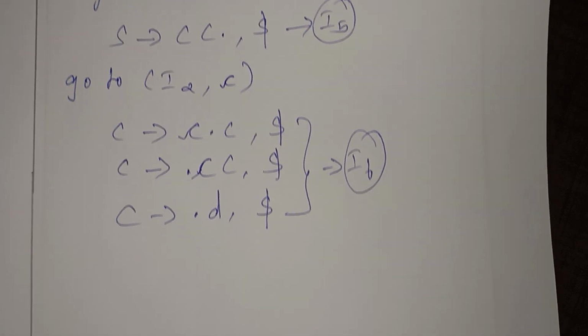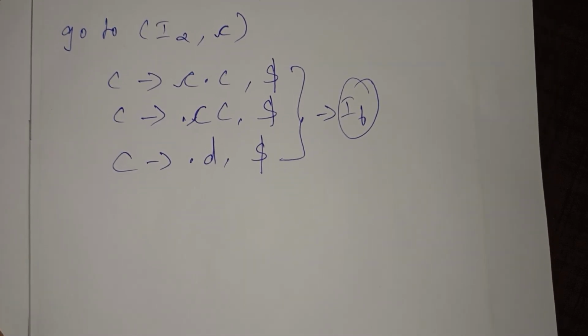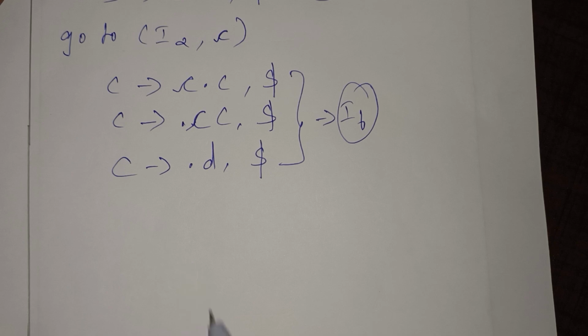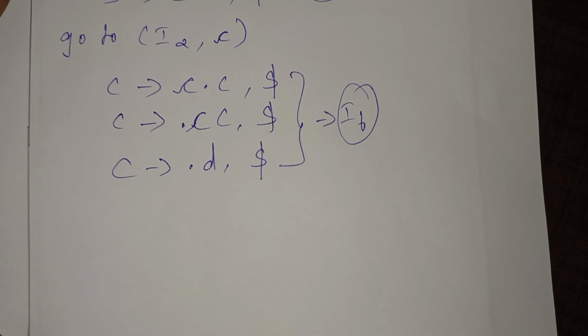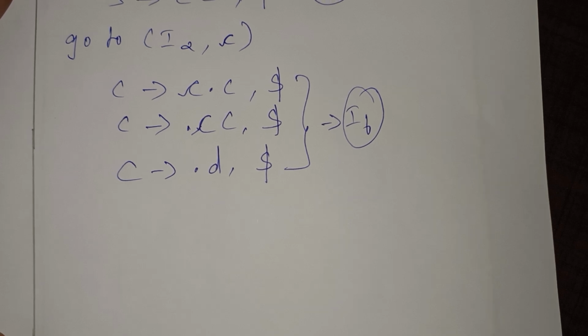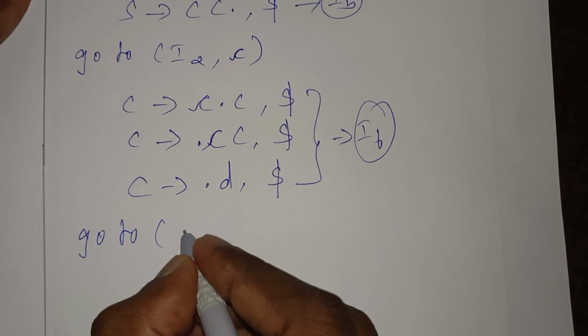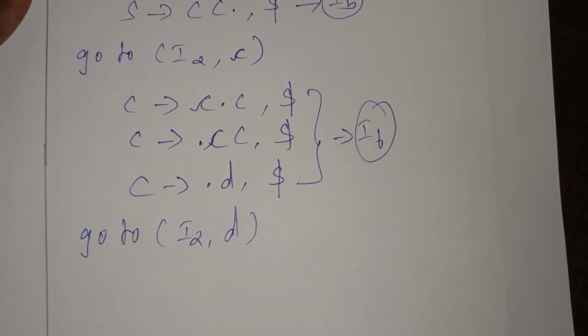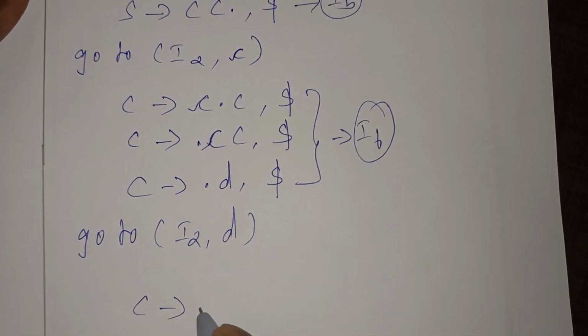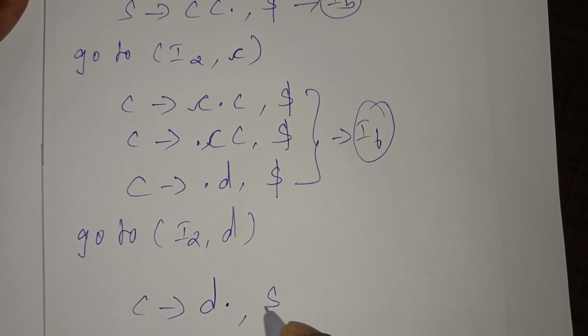So whenever the lookahead value is not matching, even when the productions are all the same, it is going to be considered a new iteration because the lookahead value is different, right? So let me go to the next part. Goto(I2, d): C tends to d dot, comma, dollar.